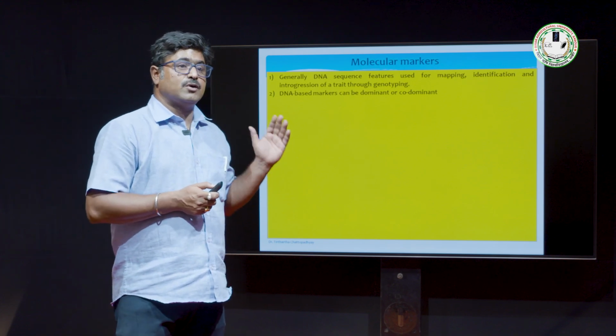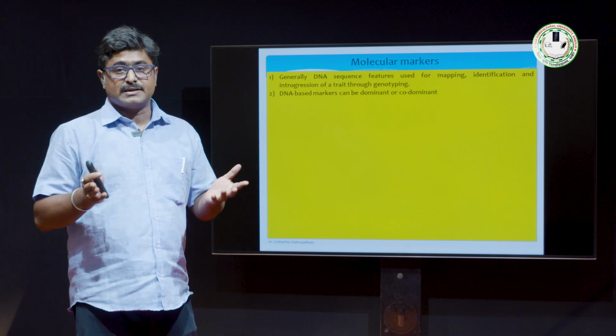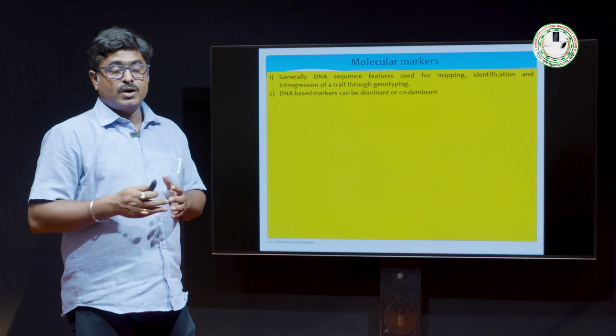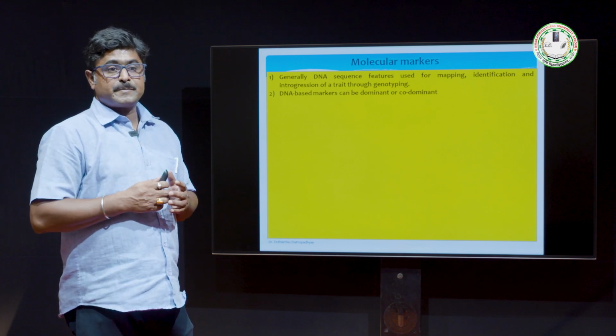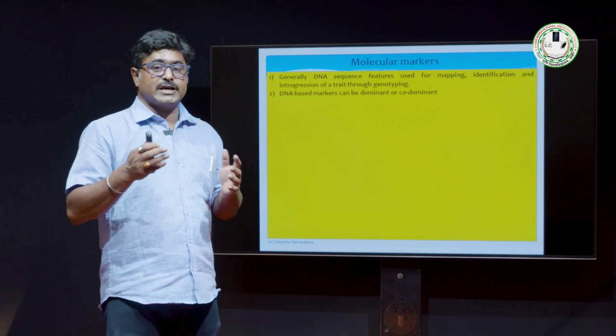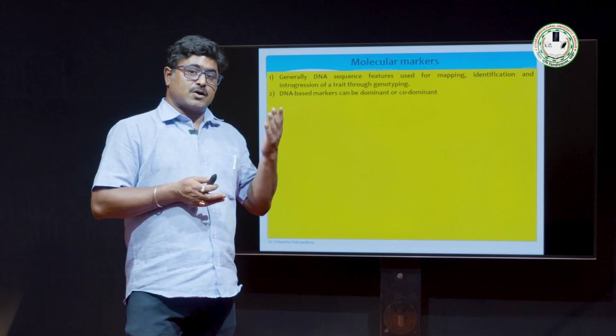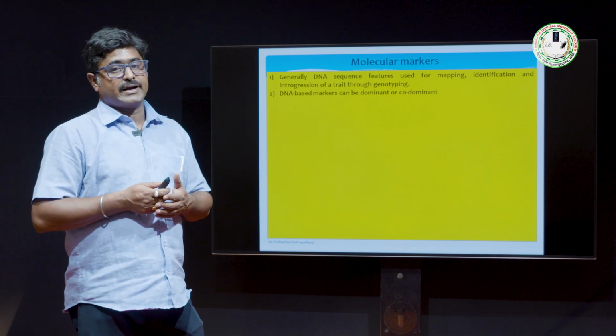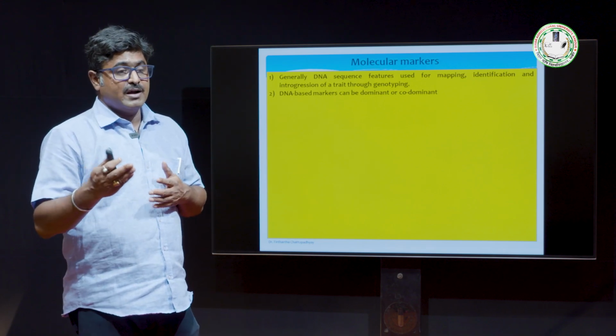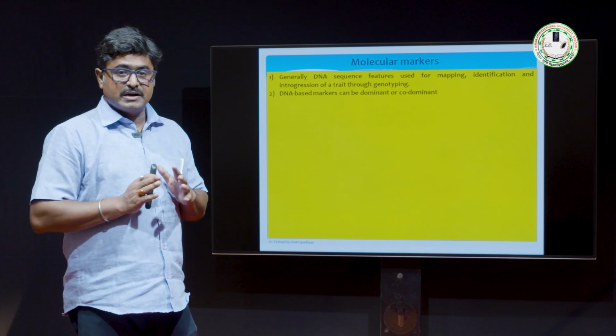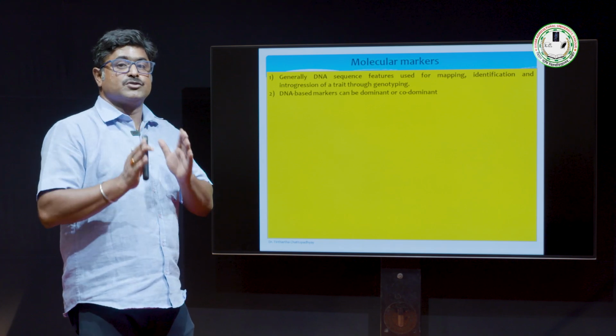So here also the terms dominance and codominance are just like the Mendelian phenomena. You know that a codominant gene shows its heterozygosity, because suppose I cross a red flower with a white flower and if I get a pink flower, I know that this gene is a codominant gene which is showing its heterozygosity.